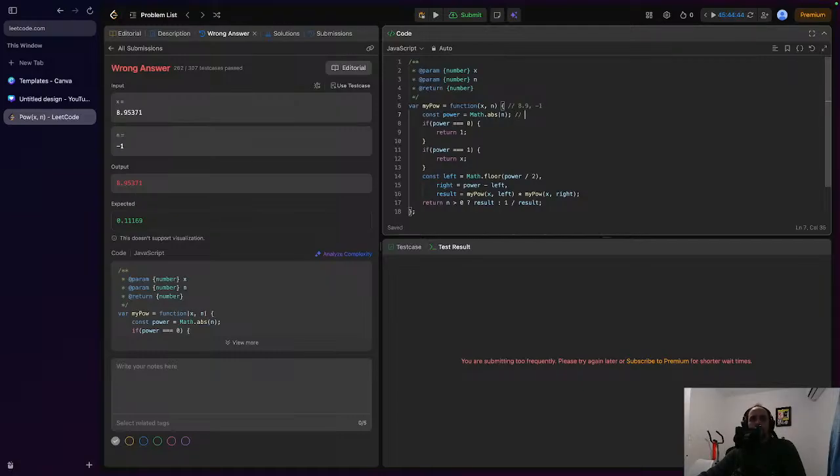So pow is 1. Oh. We hit this case immediately. Okay, fine. n equals +1, n equals -1. We'll do that.